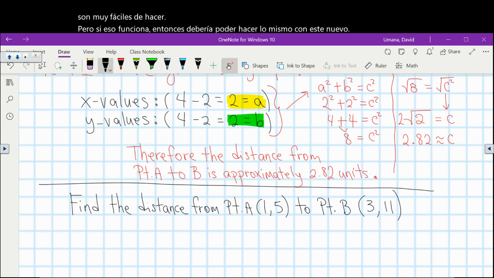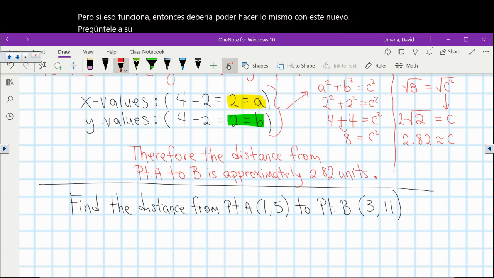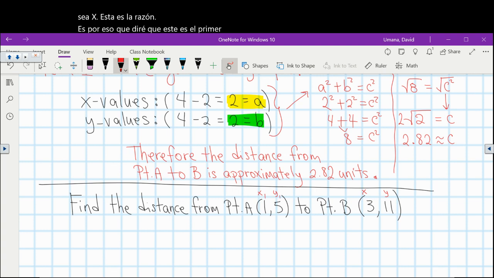As you're setting this up, as you're creating this one, get into the habit of labeling. So this is X, this is Y, this is X, this is Y. I'll say this is the first X value, first Y value, second X, and second Y. When we do this on an actual formula, it'll make sense why I even bother.